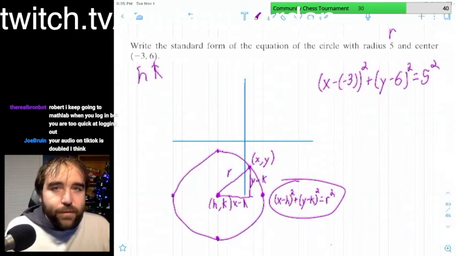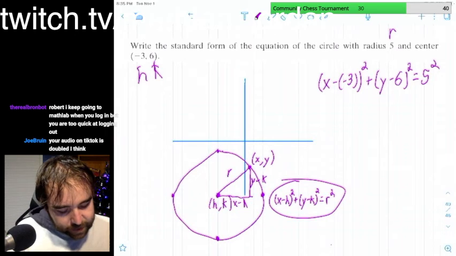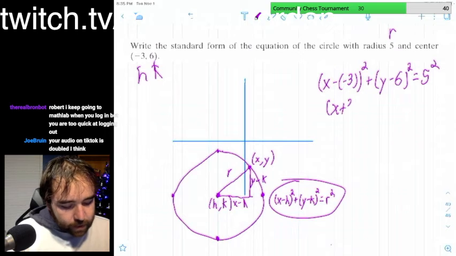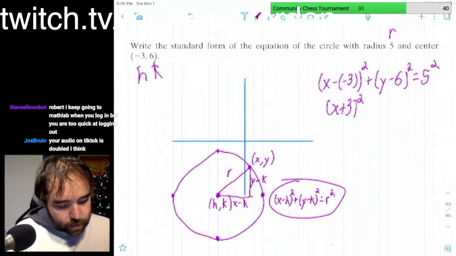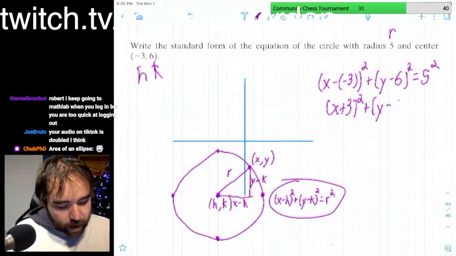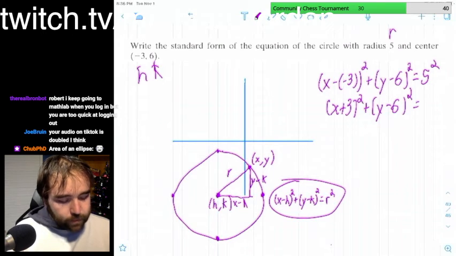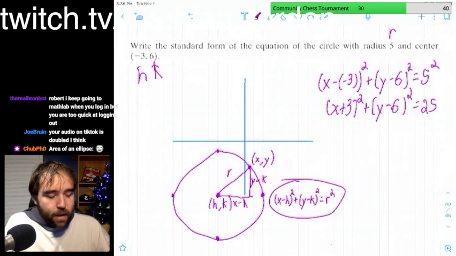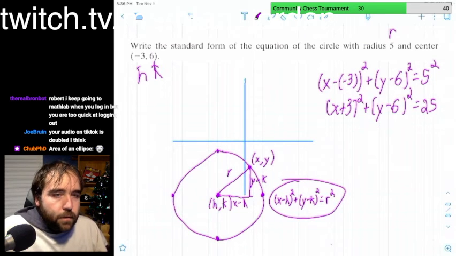And right there, that's your equation of the circle. You can just make it slightly prettier by saying this is minus -3. So in reality, that's x plus 3 squared. And then y minus 6 squared equals 5 squared, which is 25. And there's your equation of the circle.